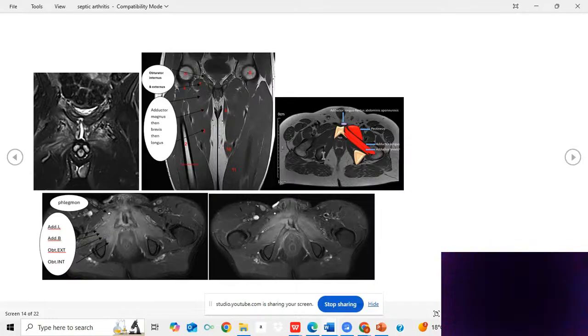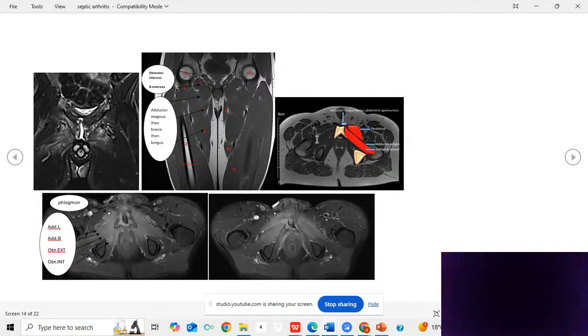So on axial imaging, this muscle is obturator internus. This muscle is obturator externus. These two muscles are adductor longus and adductor brevis.